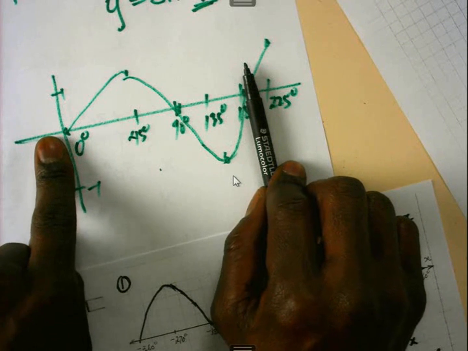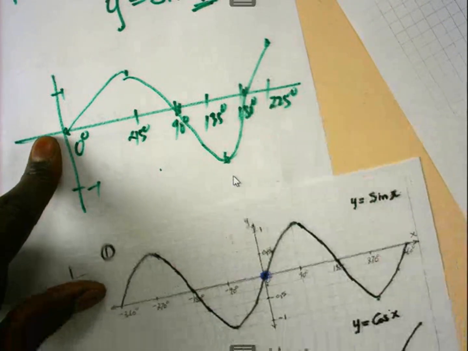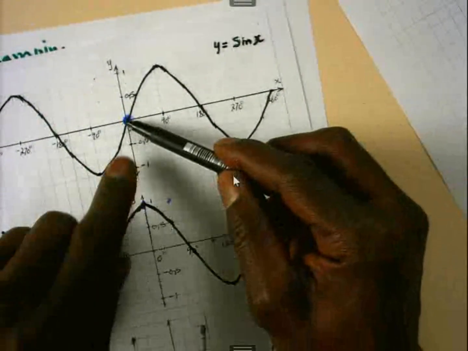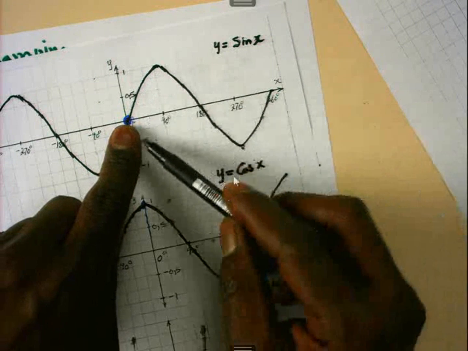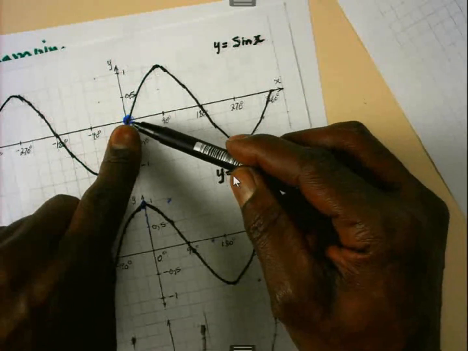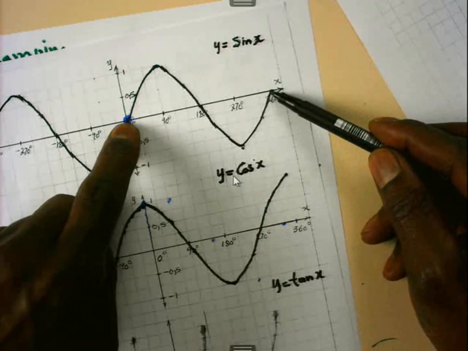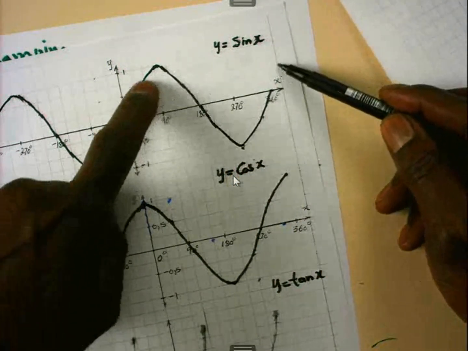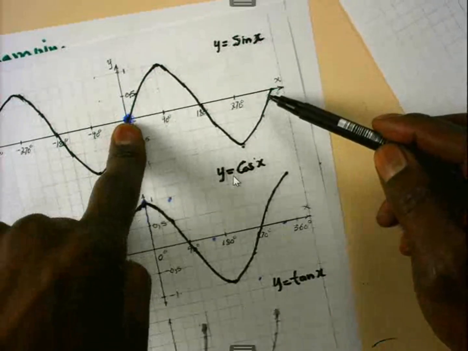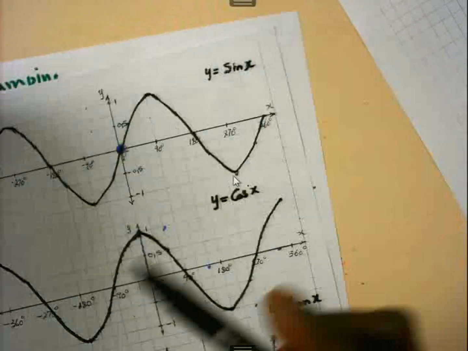That has actually affected the period of our mother function. I'm going up above the x-axis. When will I again go up above the x-axis? There I go, there I go, there I go. Then I'm starting to make the same thing here. So the original period of our mother function of sine is 360 degrees.